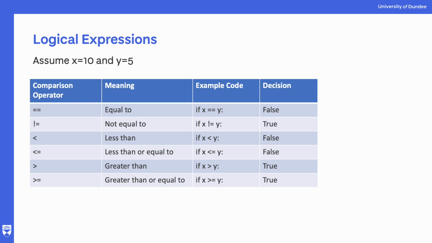So the top line is if x is equal to y, if 10 is equal to 5, false. Not equal to assesses the opposite. So if x is not equal to y, if 10 is not equal to 5, then that is true, so whatever is inside that scope will be run.